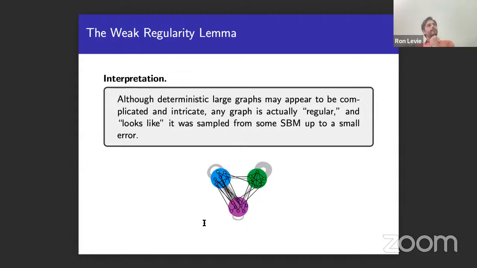So we are going to derive a metric based on irregularity. Two graph signals are going to be close in this metric if they look like they were sampled from the same stochastic block model. But for that, we need two extensions of the regularity lemma. First, because we are interested in graphs with node features, we want to extend the regularity lemma to graph signals instead of just graphs.